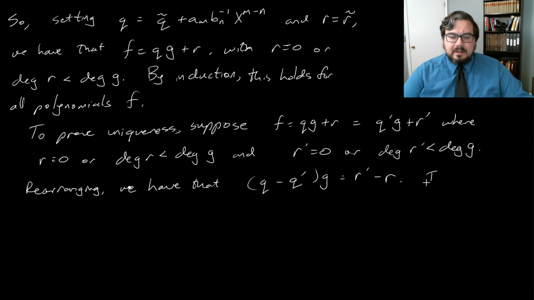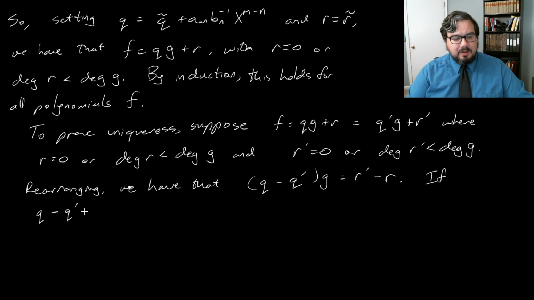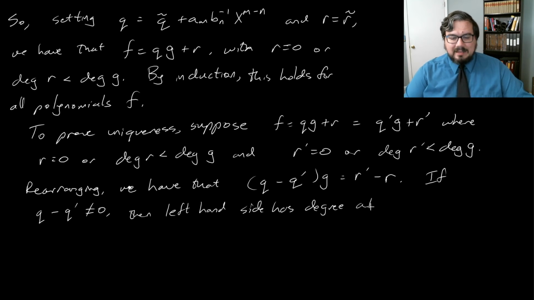Now, if q minus q prime is not equal to 0, then the left-hand side has degree at least the degree of g.